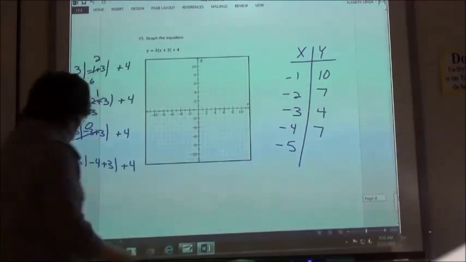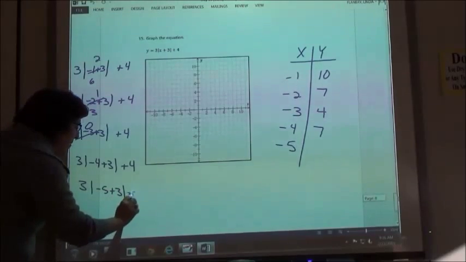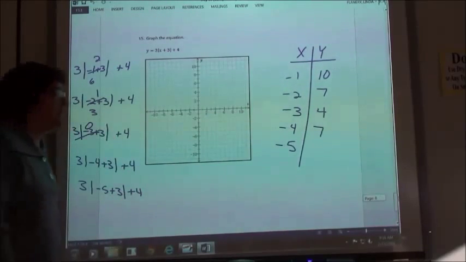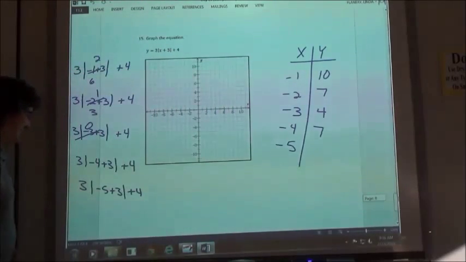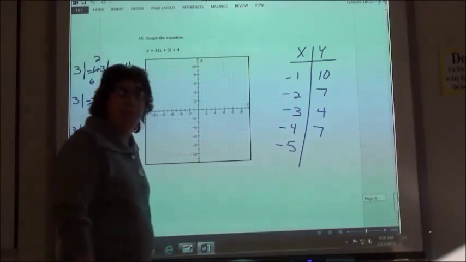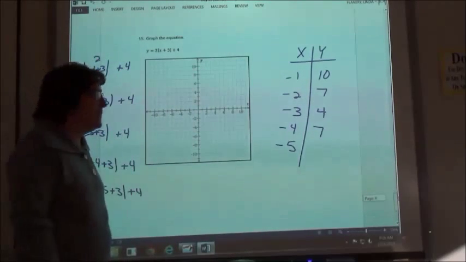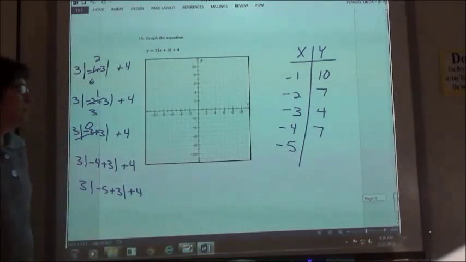And then I do the last one, 3 times the absolute value of negative 5 plus 3, plus 4. And I'm going to get 10.